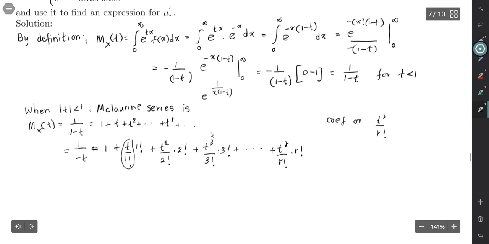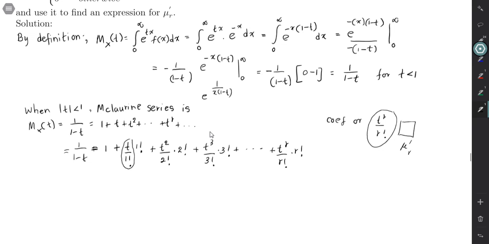You multiply and divide by r factorial. The whole idea is to get this expression in your Maclaurin series, because whatever you see in front of it becomes your rth moment about the origin. Now you have the expression you want.